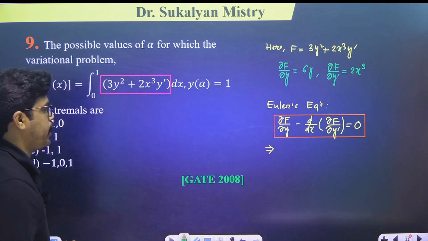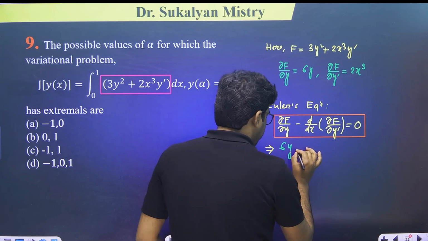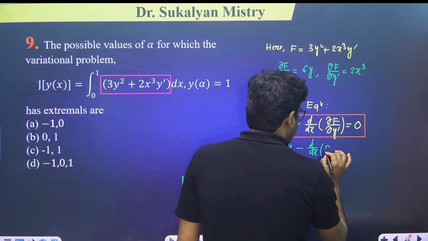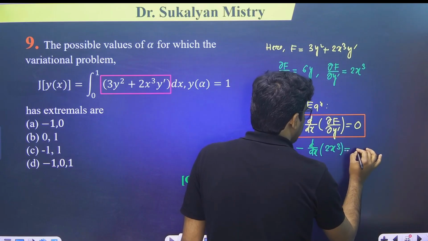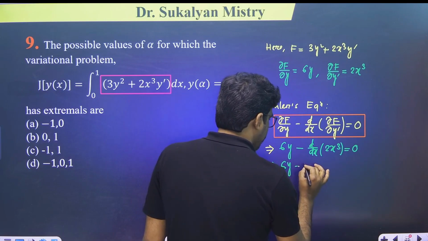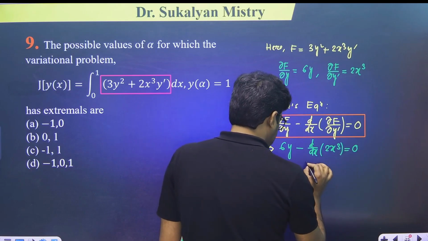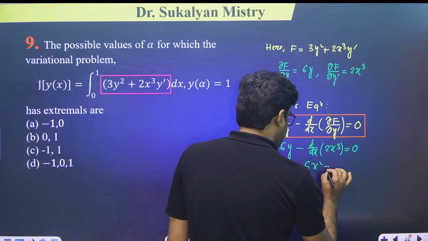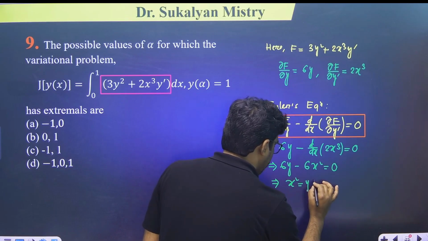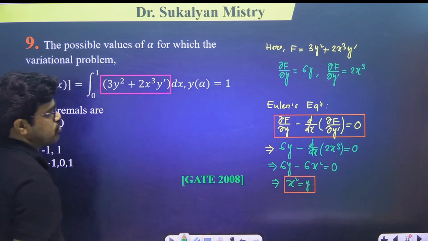So del f del y is 6y minus d/dx of 2x cube is equal to 0. So this implies 6y, and the derivative of x cube is 3x square, so 6x square is equal to 0. That means y is equal to x square. So this is the solution.